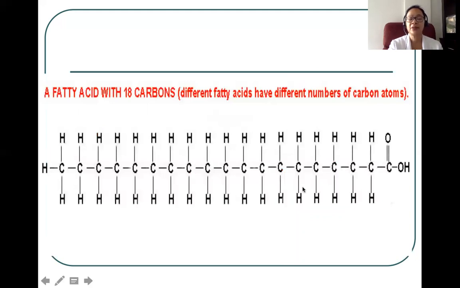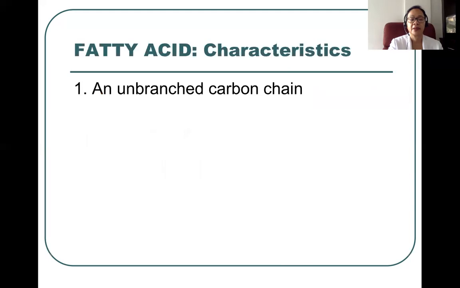So this is an example of an 18-carbon fatty acid. So look at this. You have a carboxyl end, the COOH, and on the other side, there is a methyl end, which is composed of CH3.